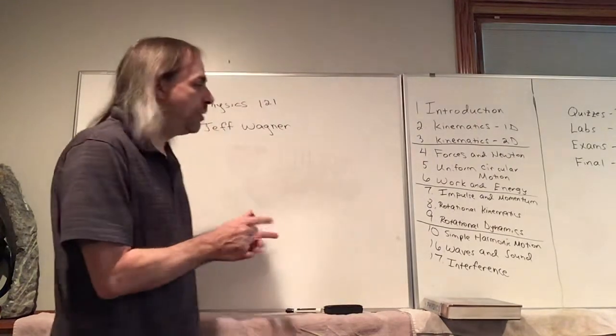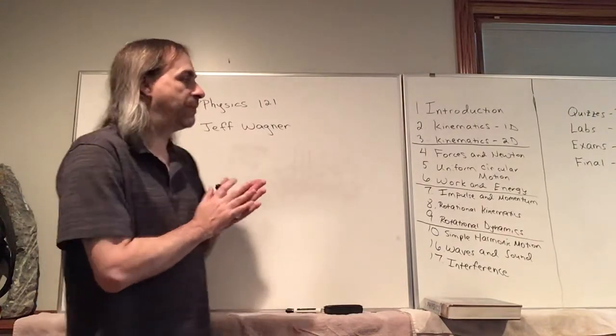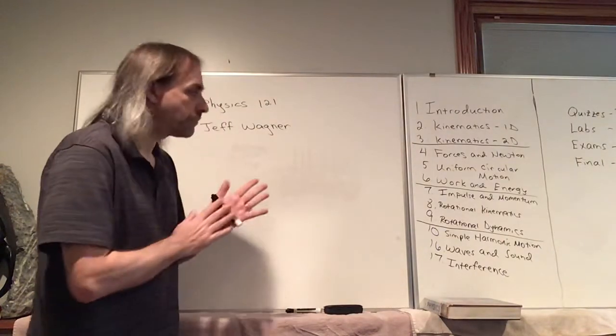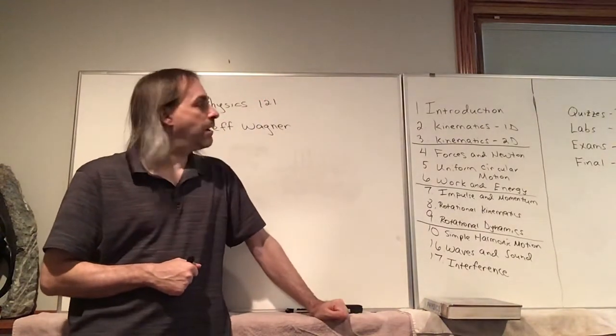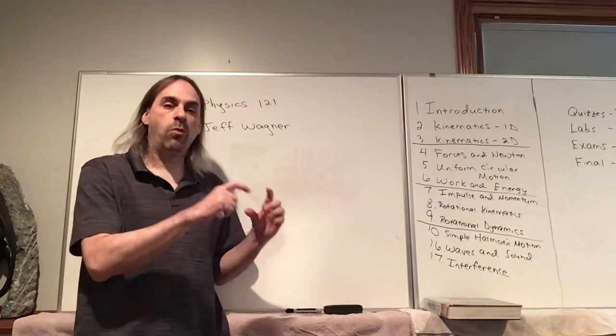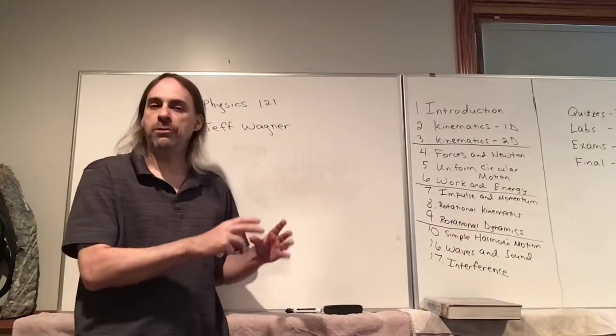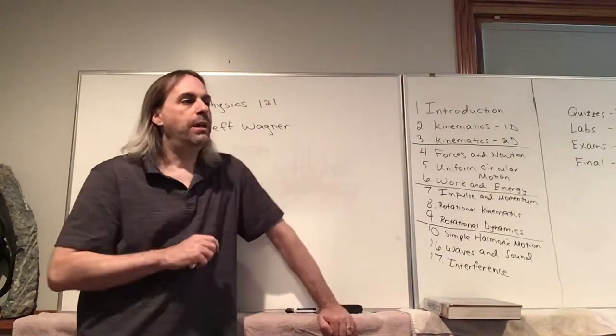Now, one thing I should point out, if you look at Canvas, which is where everything is, we have modules where I don't have like a chapter 1 module or a chapter 2 module and so on.